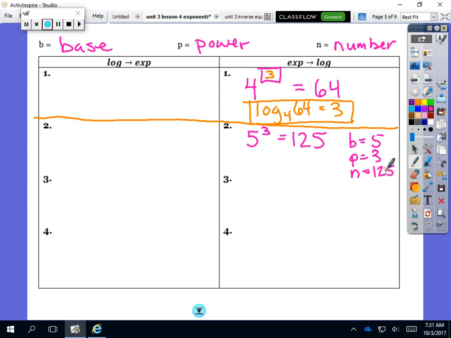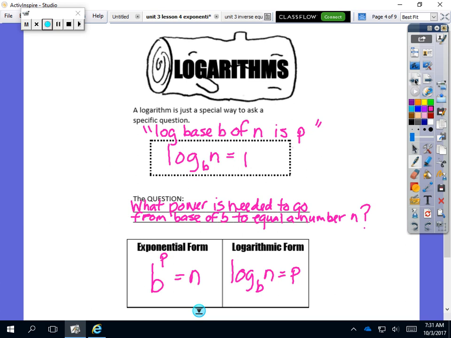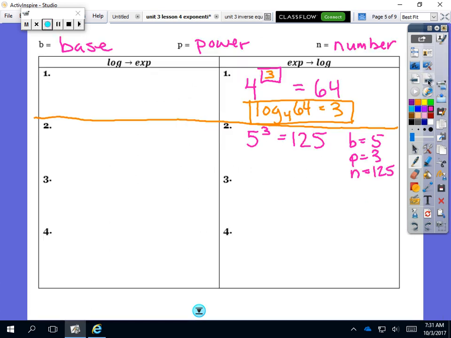So you just put those in the spot they belong. The b goes here, the p goes here, the n goes here. So it would be log base b of the number n equals our power p, 3. And that's it. You wrote the log out.